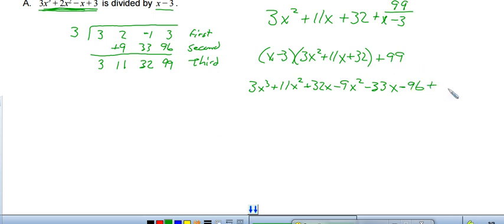And if we add on the 99 we will have 3x cubed, sorry about that. 11x squared minus 9x squared is 2x squared. 32x minus 33x is negative 1x. And negative 96 plus positive 99 is positive 3. And it's identical to the original dividend. Neat stuff.